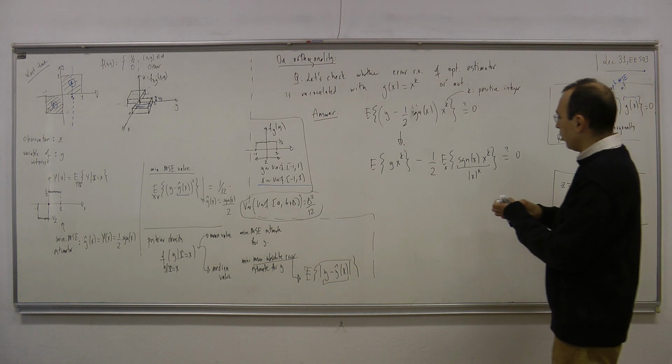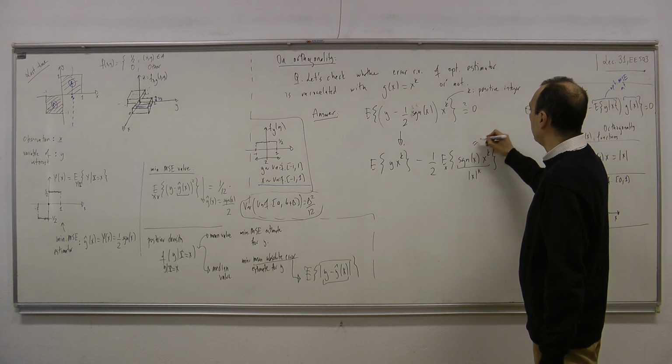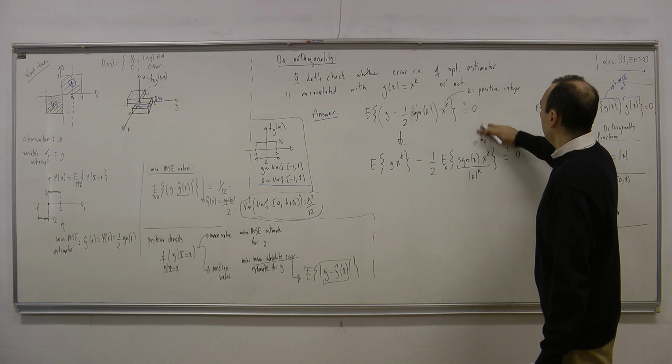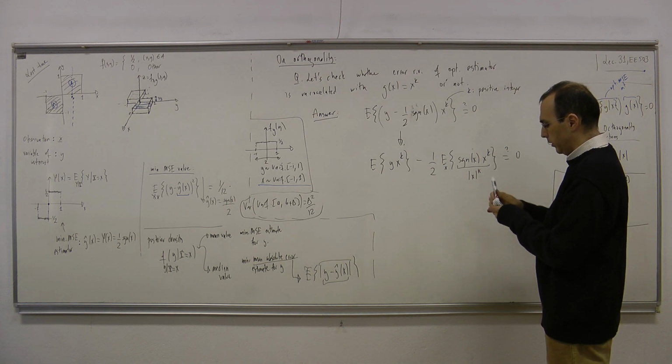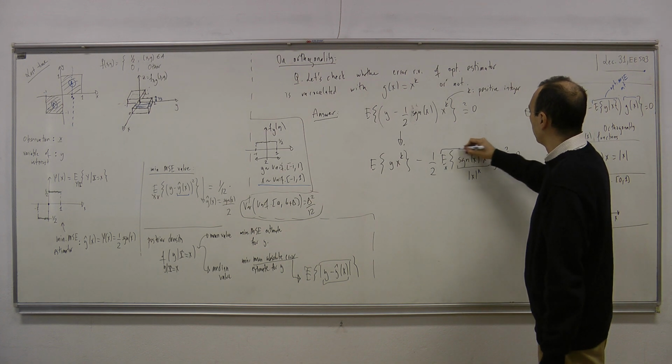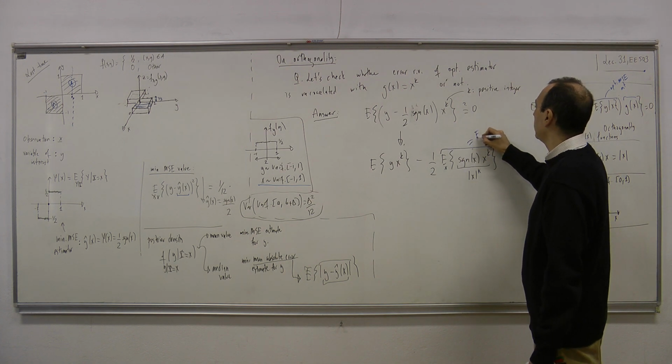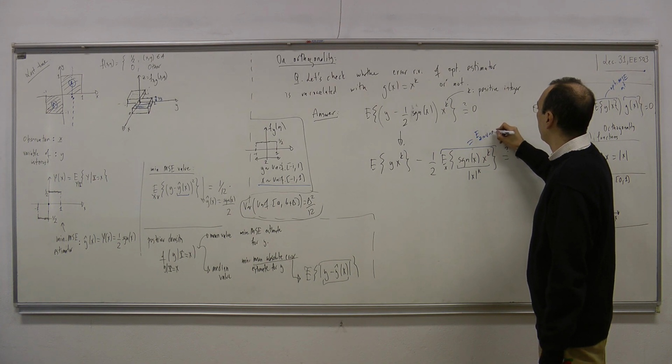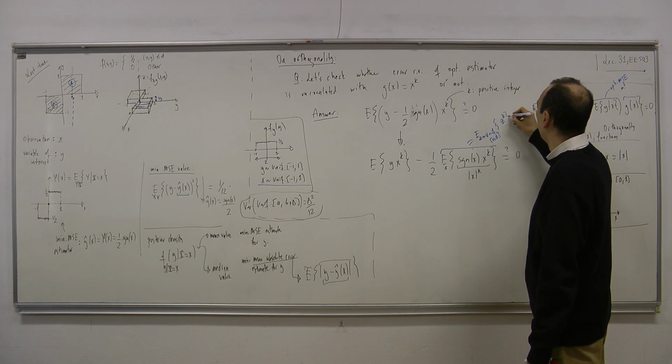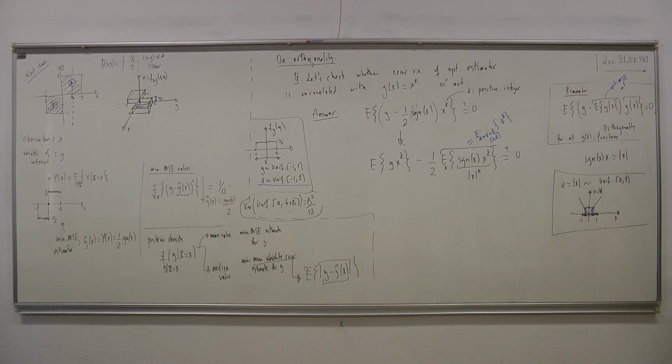Then, okay, this is equal to expected value of, let me write with another color, this is expected value of z to the power k, where z is uniform 0, 1, and z is the magnitude of this.